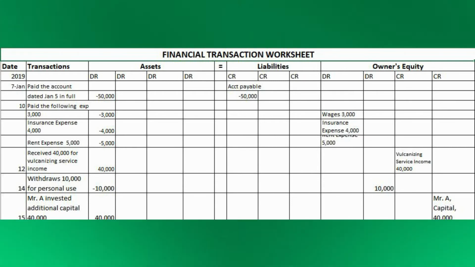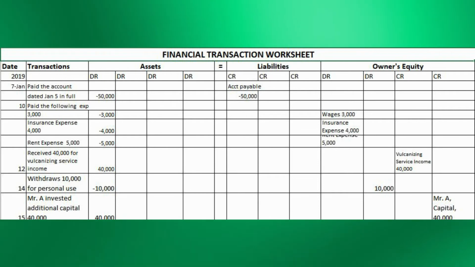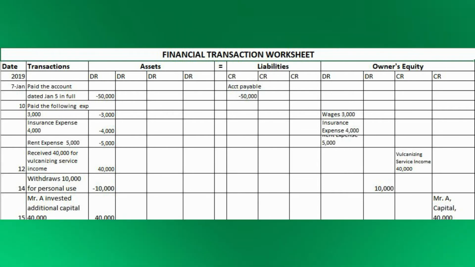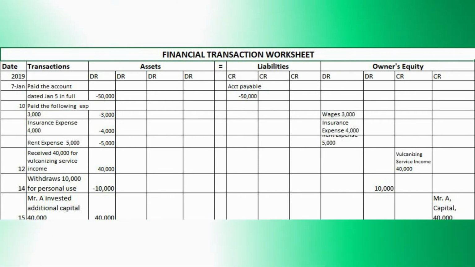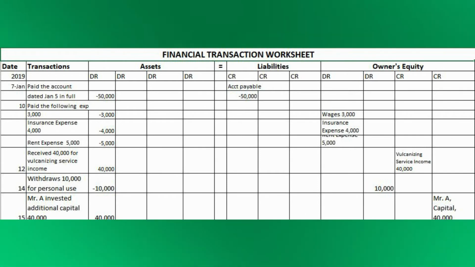On the left side, you can see that there is a decrease of cash. The total amount of the decrease is shown, and then on the right side you can find under the owner's equity a debit entry under the name expenses.